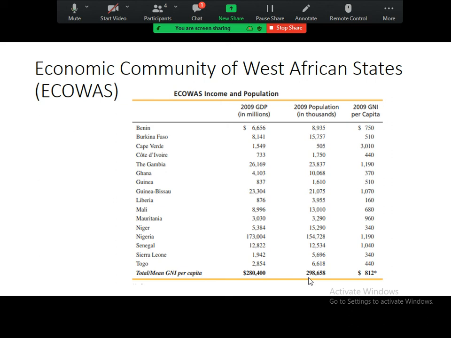The members here are Benin, Burkina Faso, Cape Verde, Cote d'Ivoire, the Gambia, Ghana, Liberia, Mali, Nigeria, Senegal, Togo, and so on. In the 1980s, the member countries agreed to establish a free trade area for the unprocessed agricultural products and handicrafts. Tariffs on the industrial goods were also to be abolished. However, there are some implementation delays.